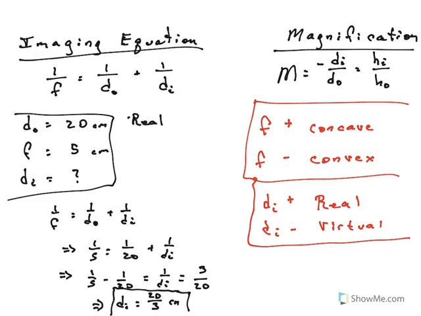What about the other two? What about upright and inverted and magnified and minimized? Well, the rule says when you calculate the magnification, if the magnification is positive, then it's an upright image. And if the magnification is negative, it's inverted.